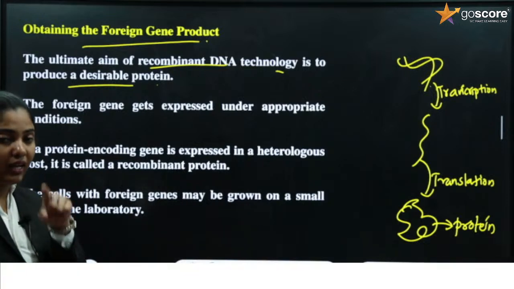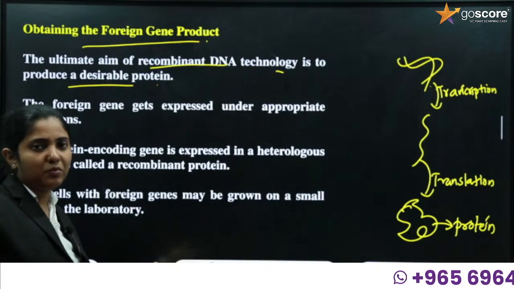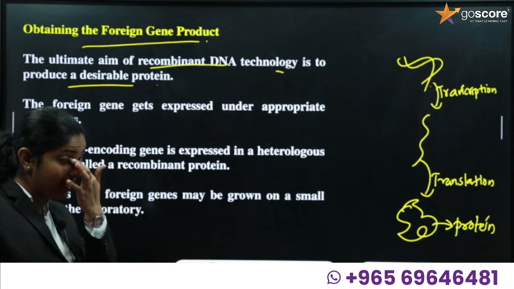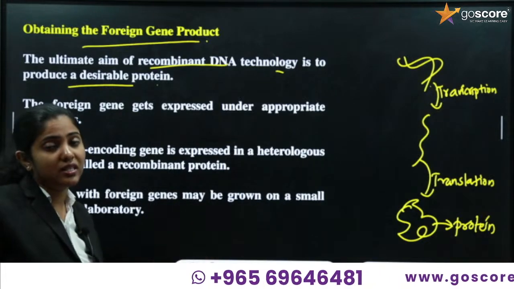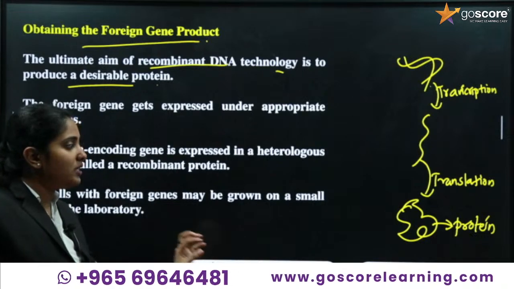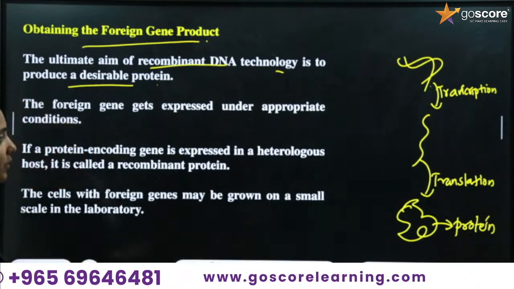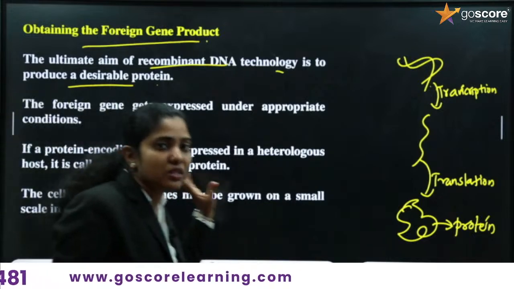So after giving the recombinant DNA, what happens? Transcription will take place, and that transcription will give the RNA, and that RNA will undergo the translation process to form the protein. So that is the next step, obtaining the foreign gene product.